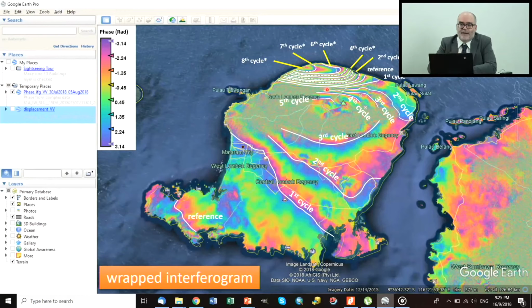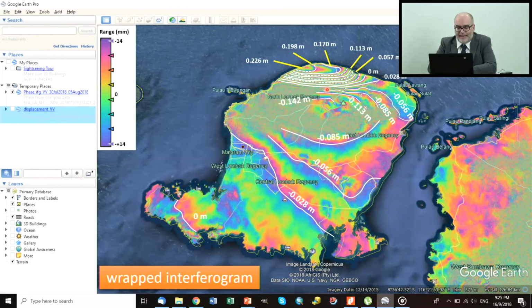So now the game is quite easy because we can just count the number of cycles and add 28 millimeters to every change of cycle. By doing so, we can count how many millimeters the central part of the island displaces compared to what? Compared to our reference. In which direction? In this case, away from the satellite. In the north part, towards the satellite.